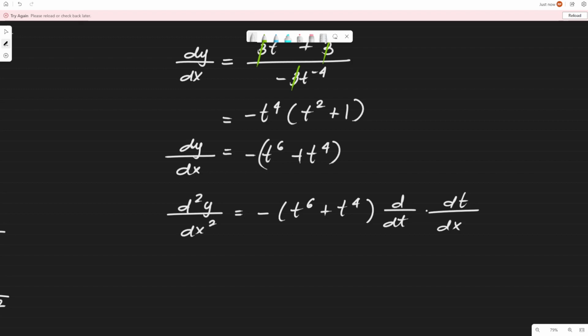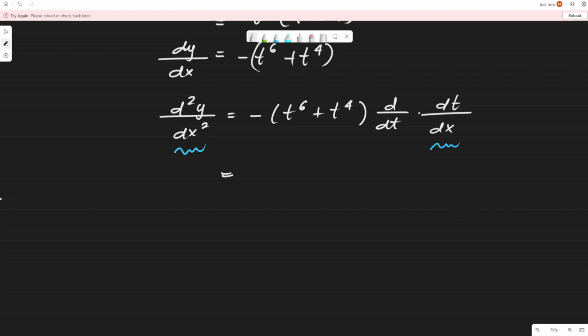My guide here is that the denominator should be the same. This is dx squared, so what you multiply should be dx, one degree lower.